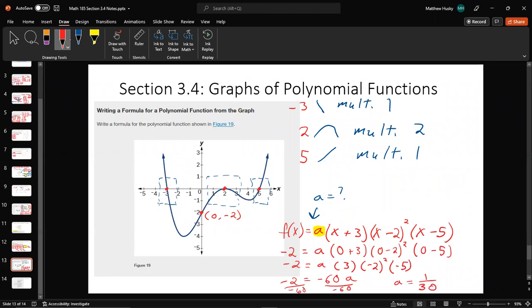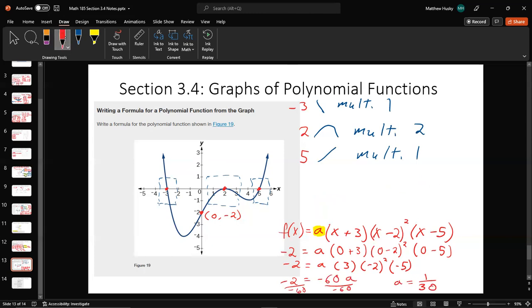So if we are going to write a polynomial for this, we're going to say f of x will equal 1/30, x plus 3. I'm desperately short on room here. Let's try this again.